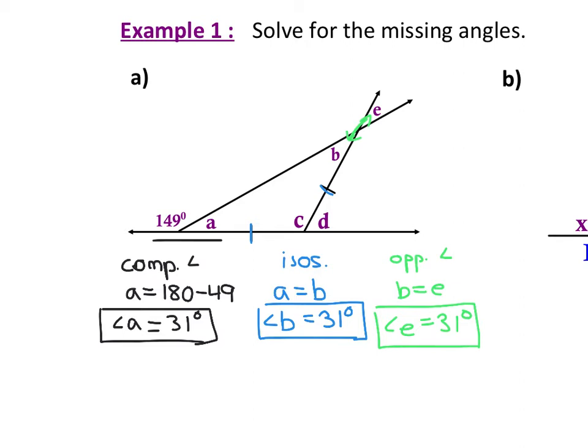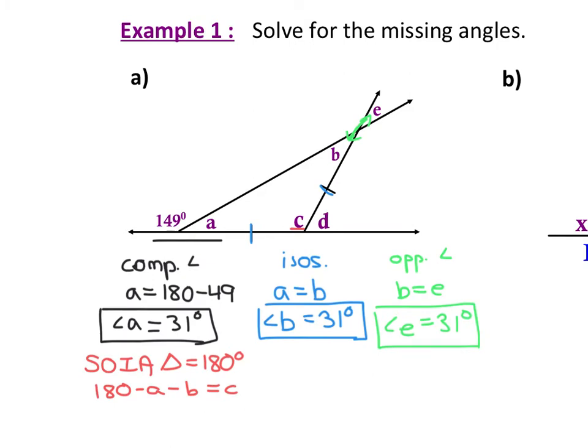So let's solve for angle C now, okay? So we know that the sum of interior angles of a triangle equal 180 degrees, okay? So what we can do is we can take 180 degrees and subtract A and B to find out what C equals.